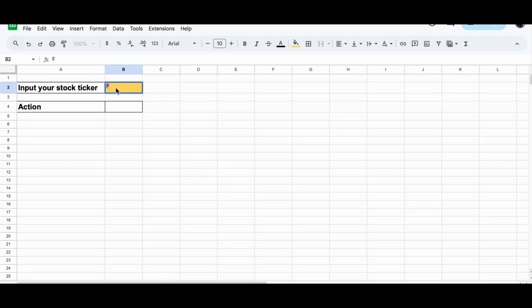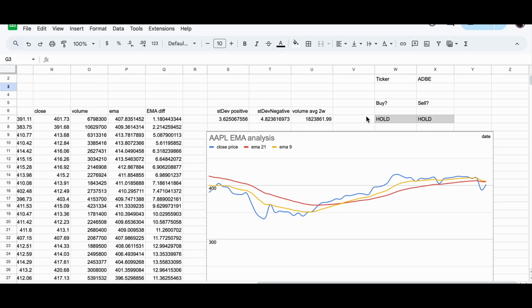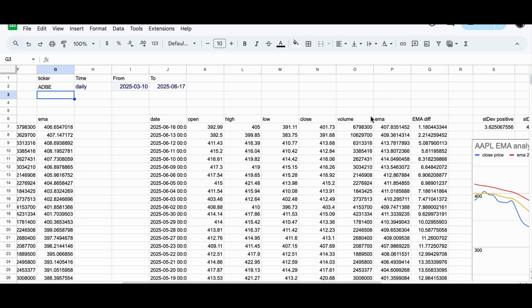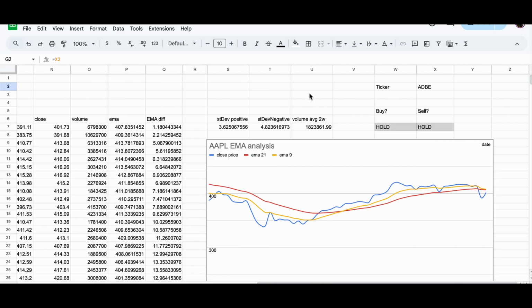For example, you can put something like Adobe, and let's see the action here. For Adobe, it's a hold. You can, of course, change it further and put something like Microsoft, for example. So for Adobe, it's a hold.